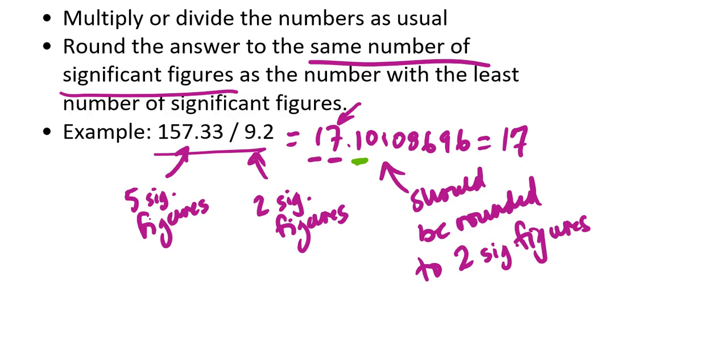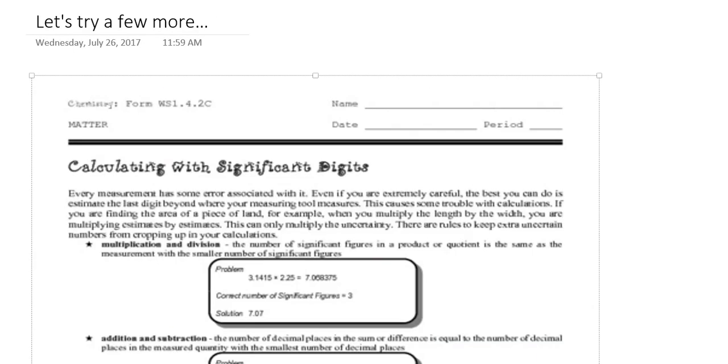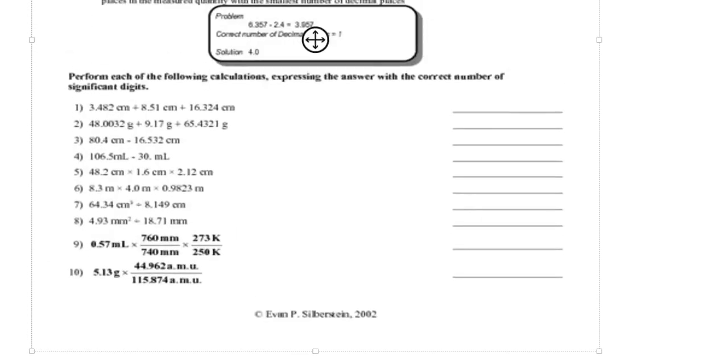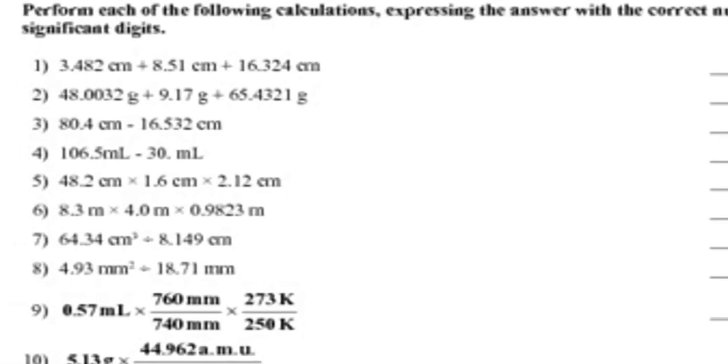Okay, let's try a few more of these just to make sure we have the hang of it. So let's try these. Okay, 3.482. We're going to actually try problems 1, 3, 5, and 7 together. Okay, so basically I want to add all of these lengths in centimeters together.